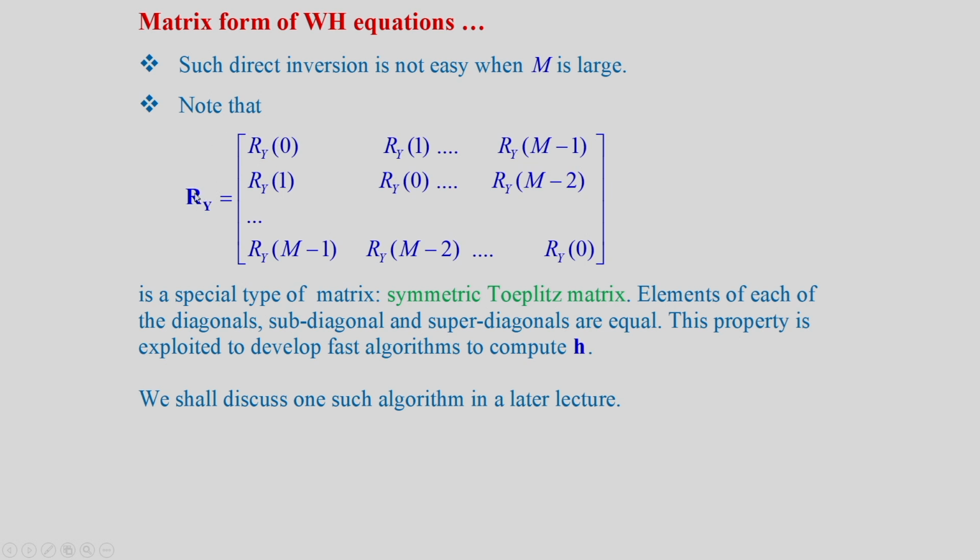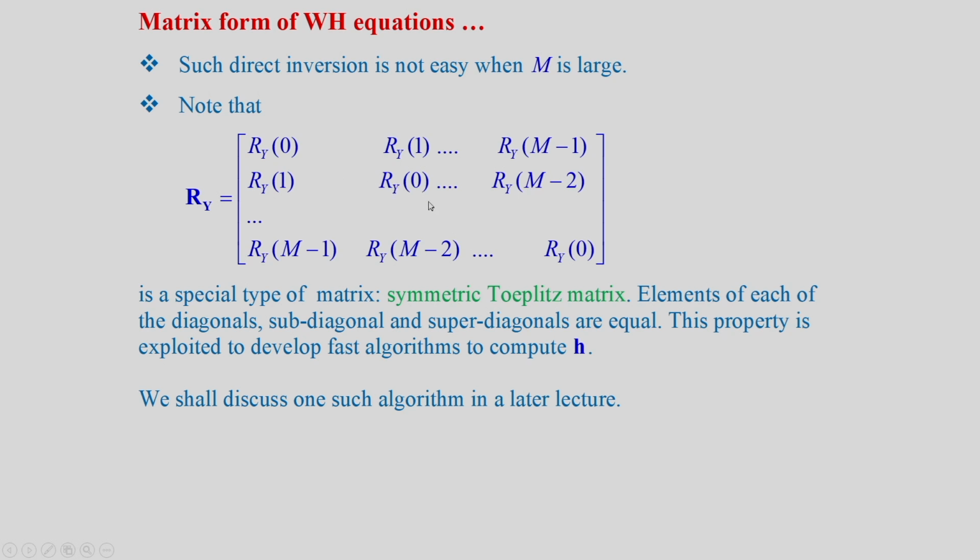Now, let us examine this R y matrix. We see that all its diagonal elements are R y 0. Similarly, these super diagonal elements will be R y 1, all elements will be R y 1. Similarly, all elements along this subdiagonal will also be R y 1. So, that way R y is a special type of matrix, what is known as a symmetric Toeplitz matrix.